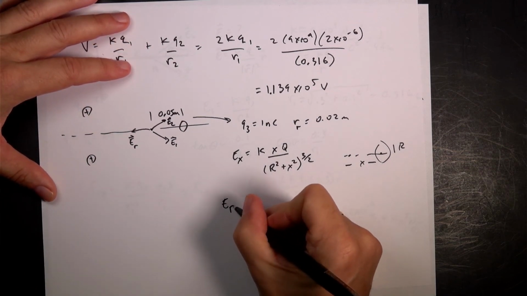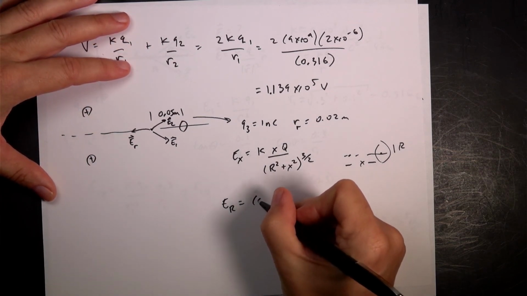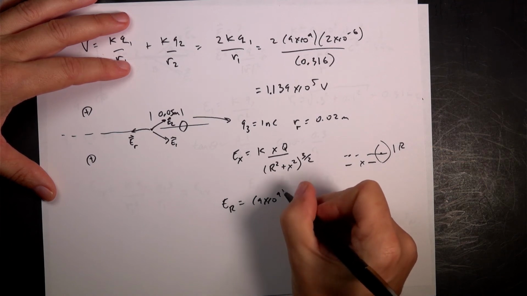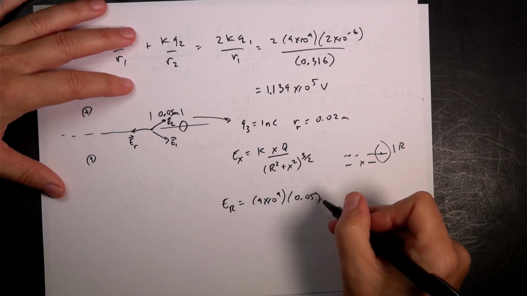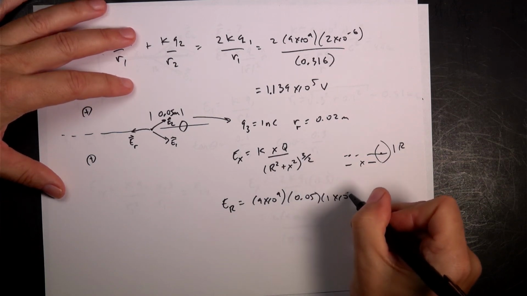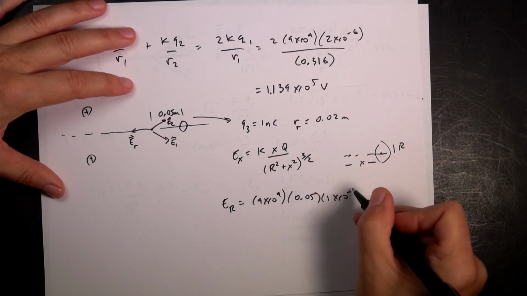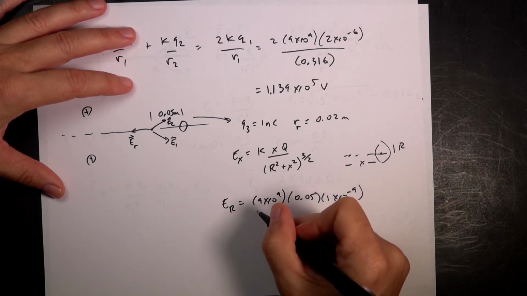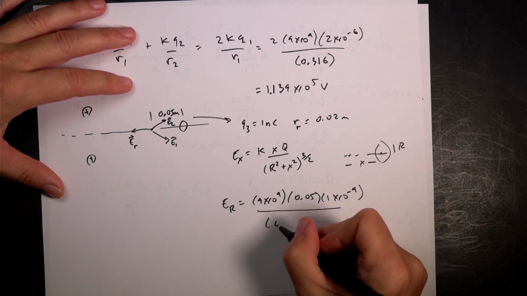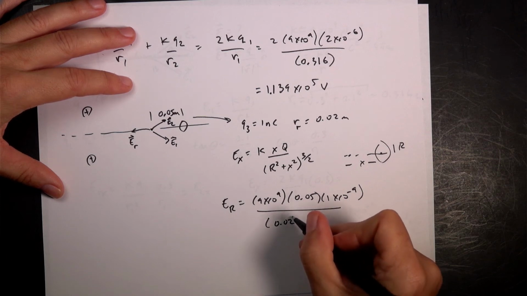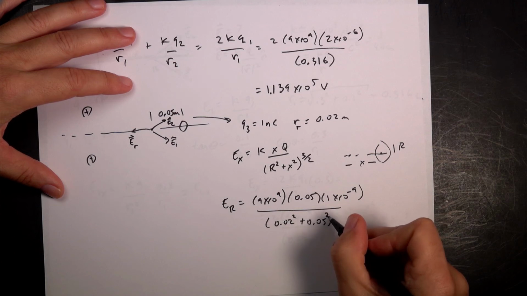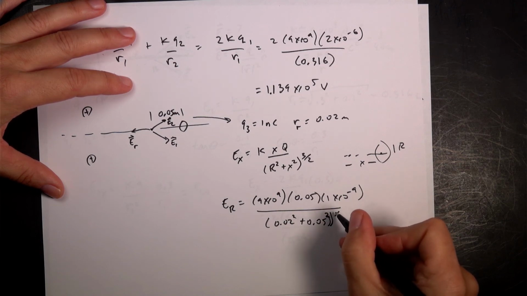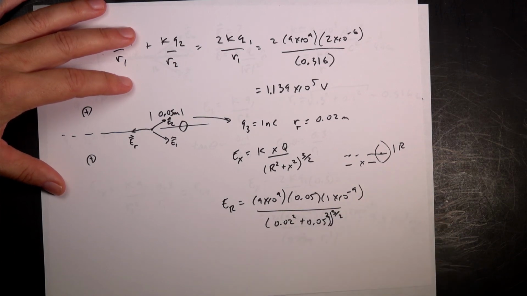I'll call it ER in the x direction. It's going to be 9 times 10 to the 9th times 0.05. Q is 1 times 10 to the negative 9th. All that over 0.02 squared plus 0.05 squared to the 3/2. Okay, that's a lot. Let's just do it though.